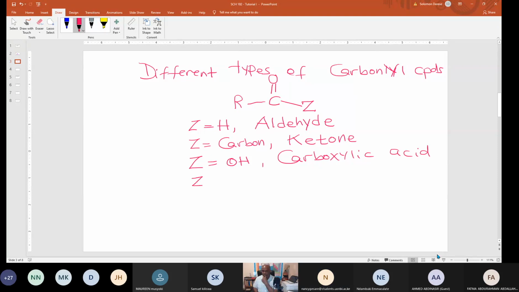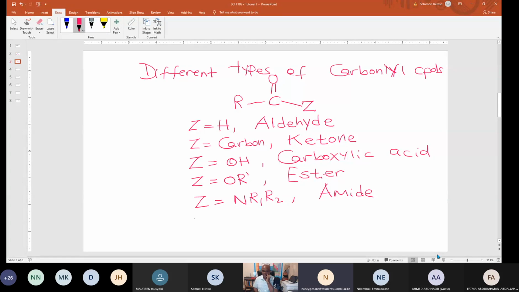When Z is O-R, to make it different let me call it R prime, it becomes an ester. When Z is nitrogen, and to this nitrogen we have two different R groups, let me call them R1 and R2, this one is called an amide.